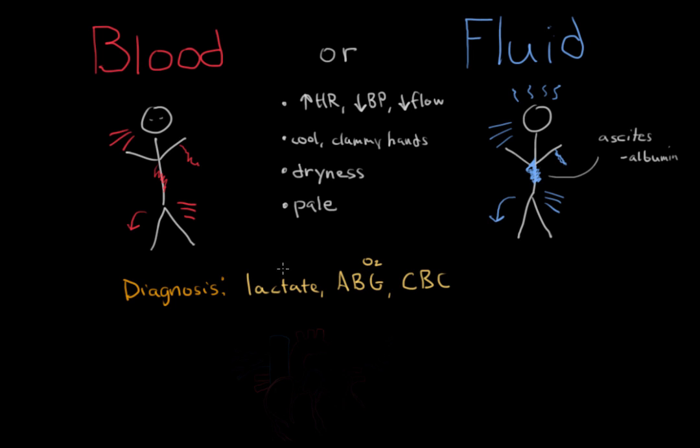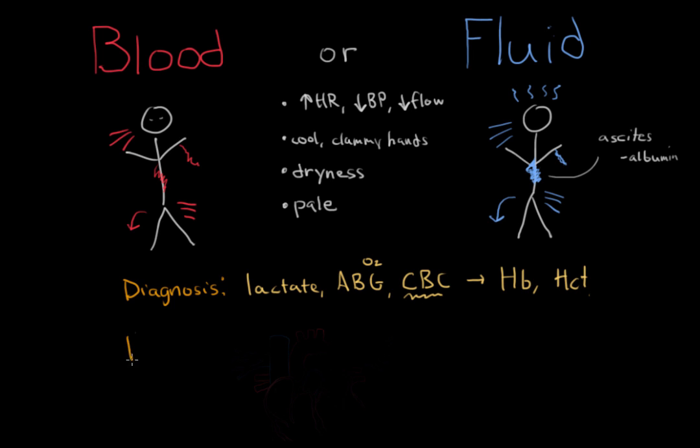And I might as well mention also that serum lactate shows low oxygenation of the tissues as well. So for the CBC, you might see low hemoglobin or low hematocrit, particularly if blood loss is the cause of hypovolemic shock. Hemoglobin gives you the total amount of hemoglobin. Hematocrit assesses the percent of total red blood cells in the body.